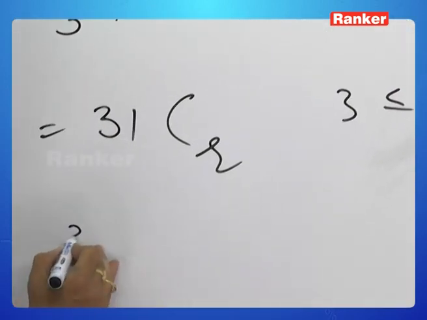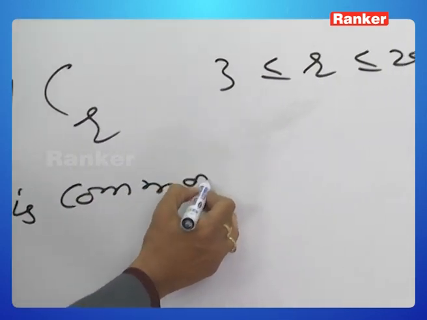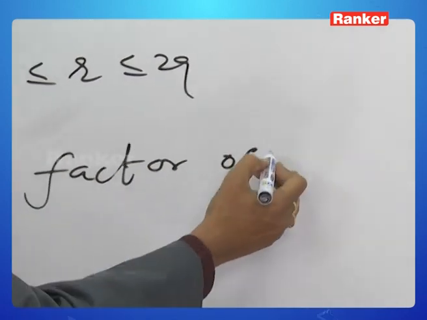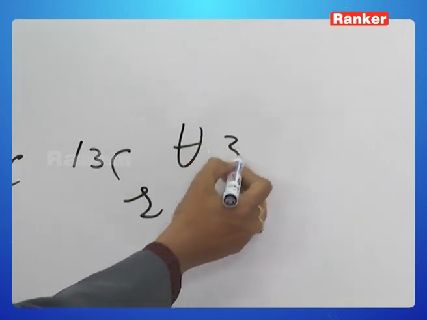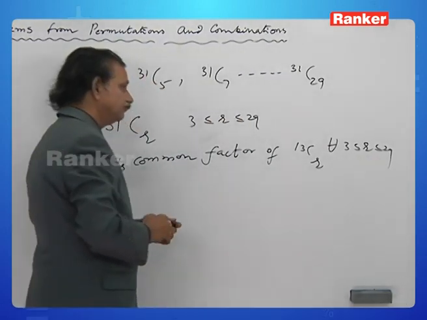Therefore, 31 is a common factor of 31CR for all 3 less than or equal to R less than or equal to 29.